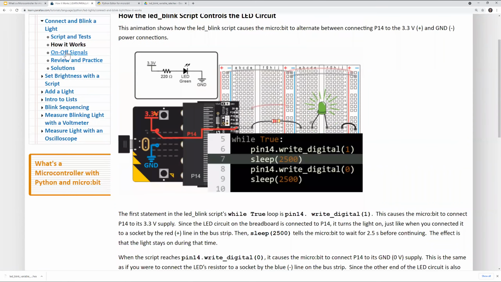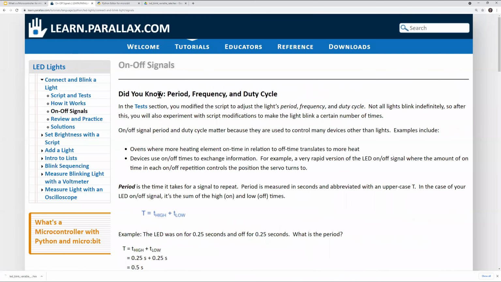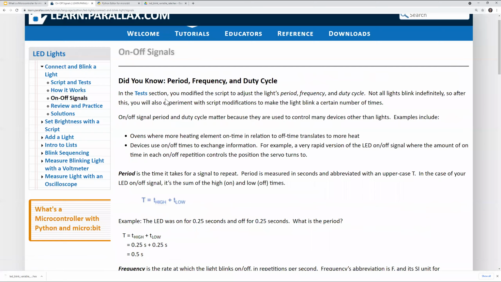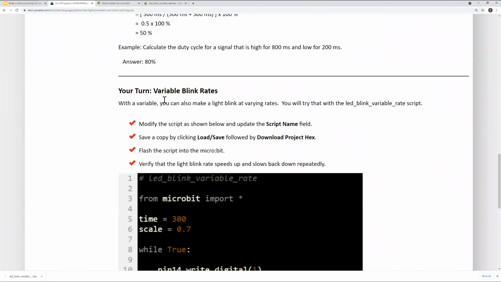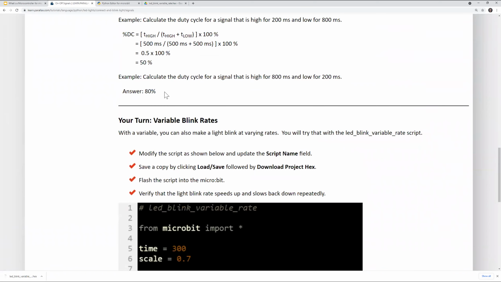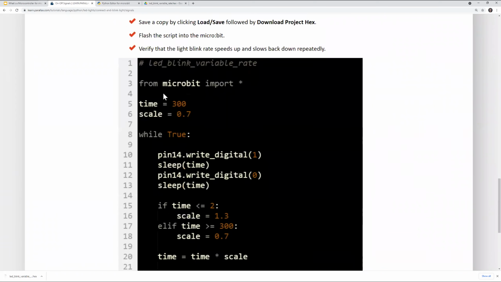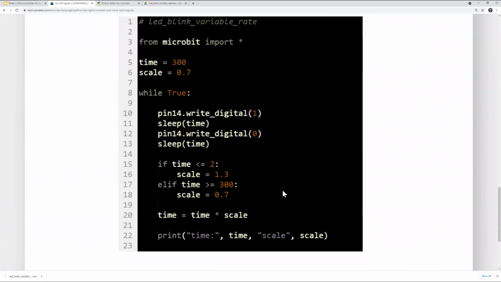And then there's a deeper introduction where you learn something else, in this case, the period and the frequency of a signal. And then it's applied with a script that changes the period and the frequency of the signal by changing the amount of sleep time between the on and the off event.